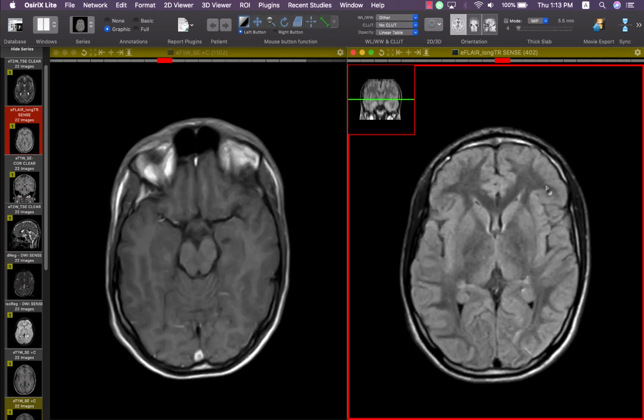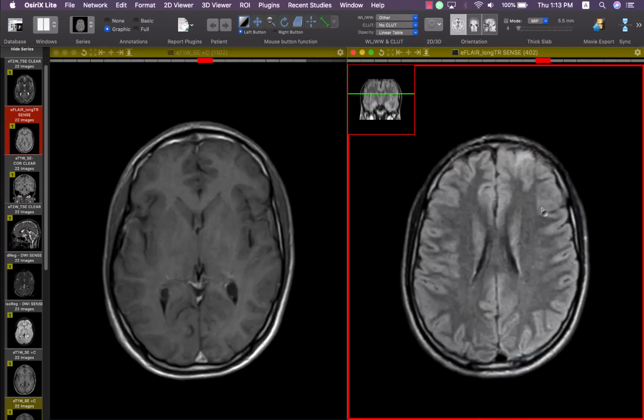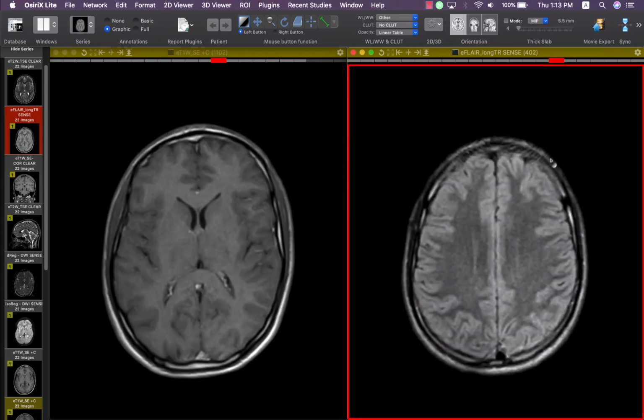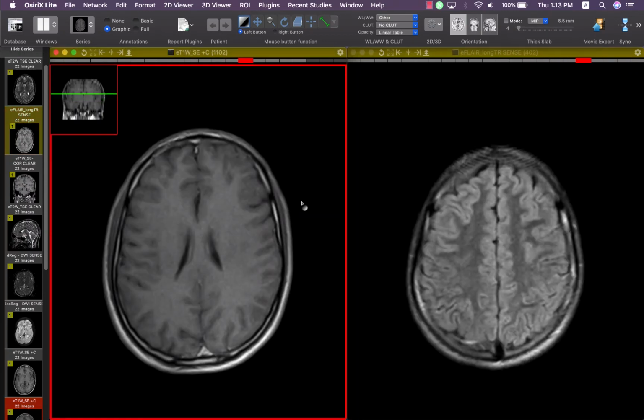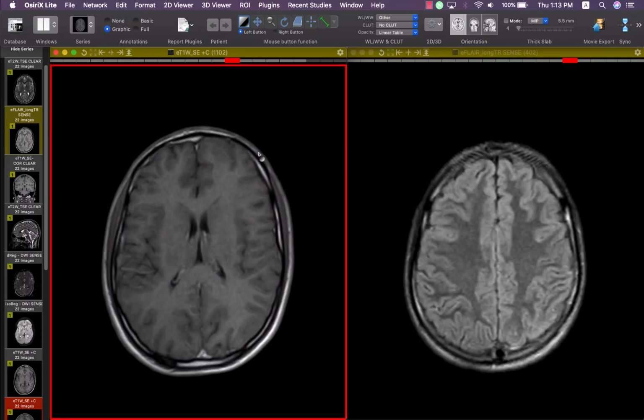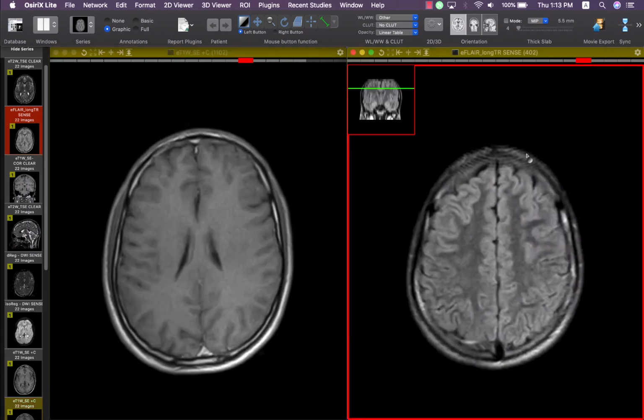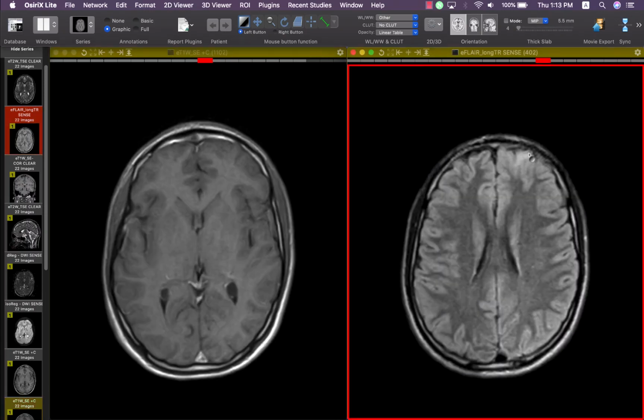To differentiate between both entities, we can rely upon the following criteria. Number one, in this case there is involvement of the cortical gray matter, but there is no swelling or expansion of the cortex. The cortex here is involved, yes, but it is not expanded.